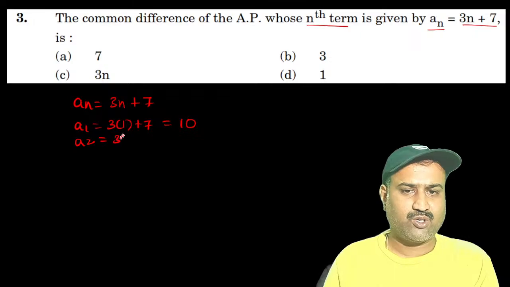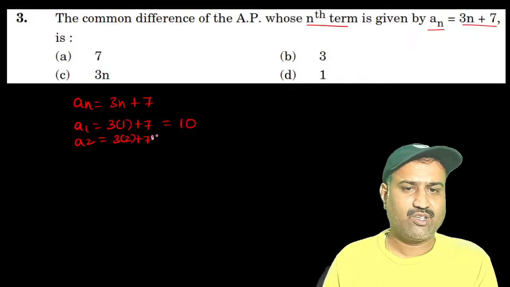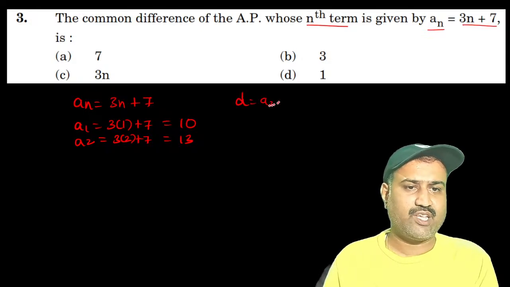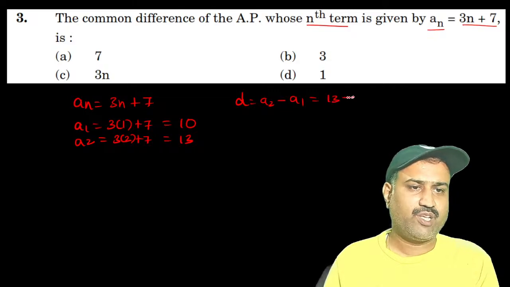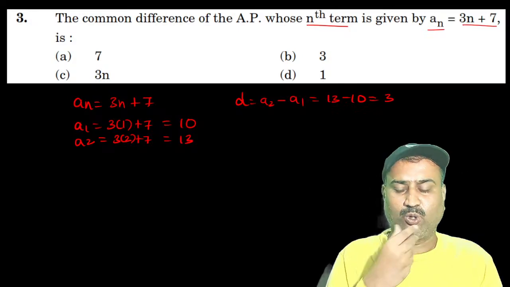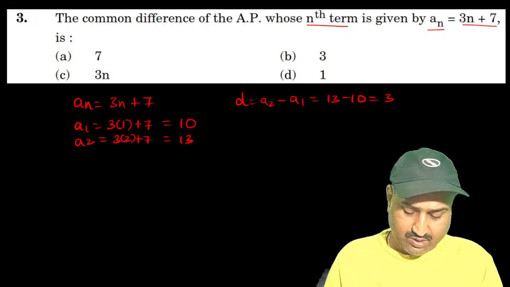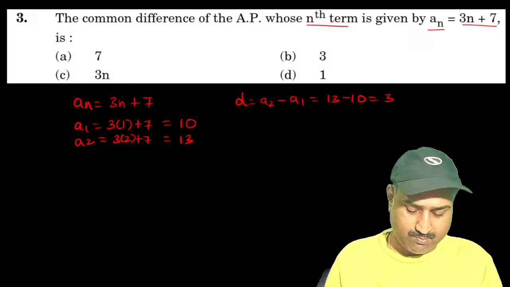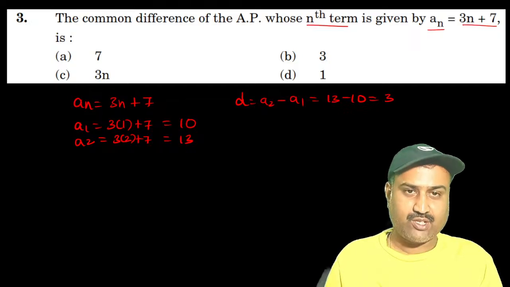A2 is equal to 3 2s are 6 plus 7 is 13. Now therefore the common difference is a2 minus a1, which is equal to 13 minus 10 is equal to 3, right? Hope it is very clear. Again a very easy question.